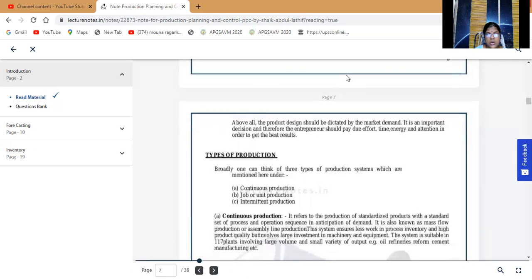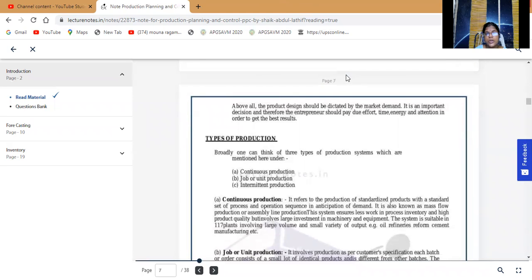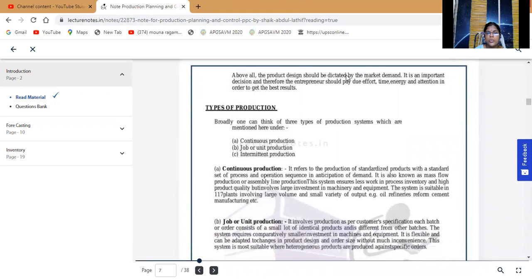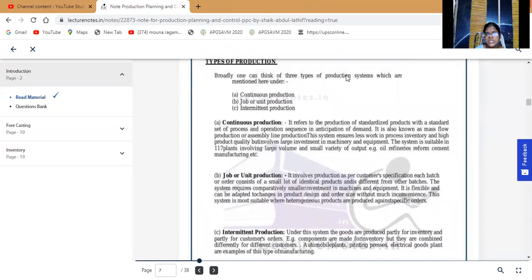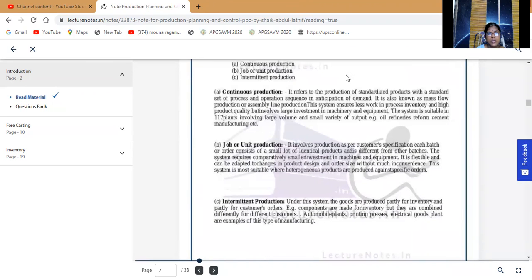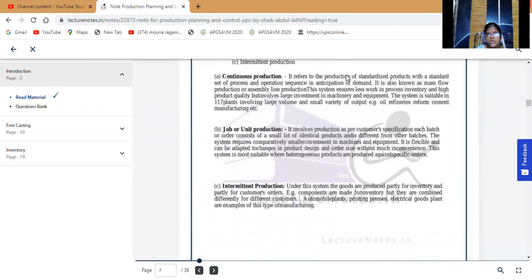Here we already discussed the types of production: continuous production, job or unit production, and intermittent production. Continuous production merely refers to the production of standard products with a standard set of processes and operation sequence, in anticipation of demand. It is also known as mass flow or assembly line production. The job unit, as we already discussed, involves production as per customer specification.